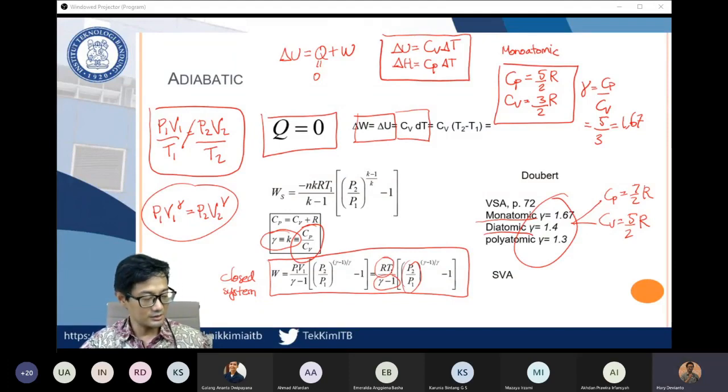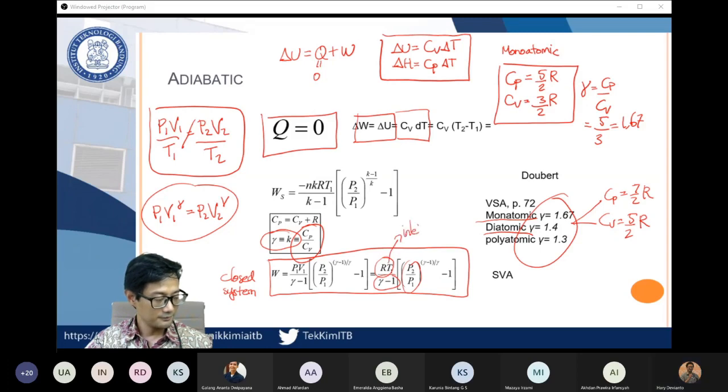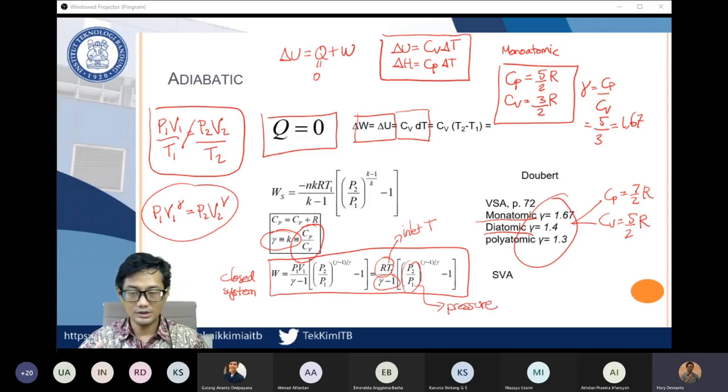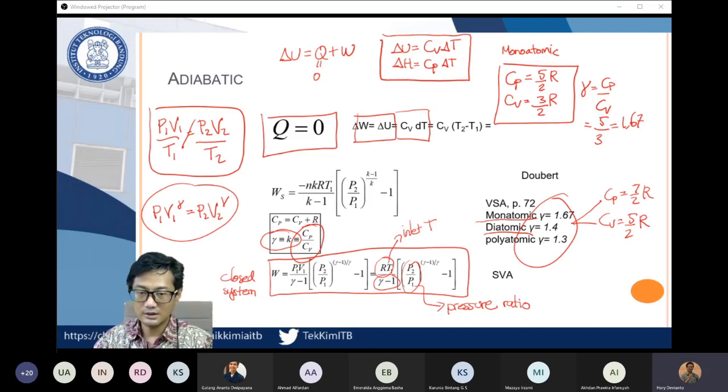And it's relatively easy because you only need the initial inlet temperature. This is the inlet temperature, T1. And then this one is the pressure ratio. If you want to compress with a certain compressor, you can find in the specification from the data sheet that the pressure ratio is, let's say, 4.